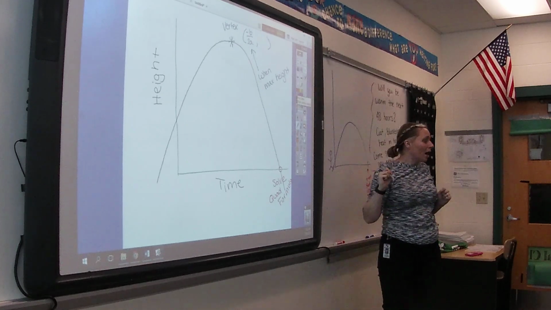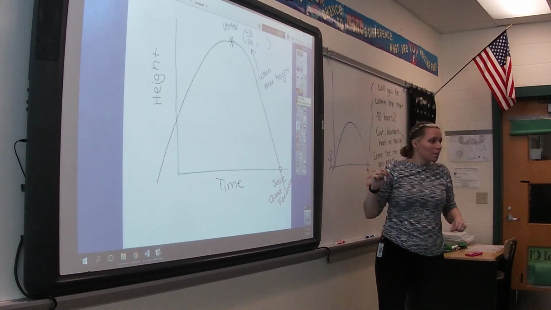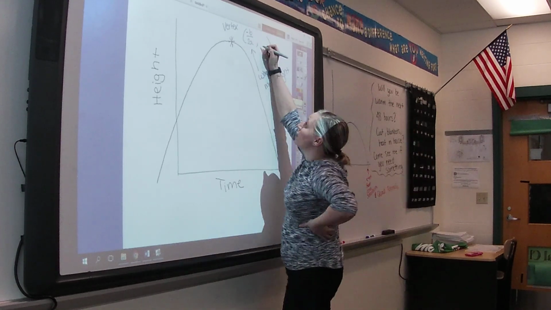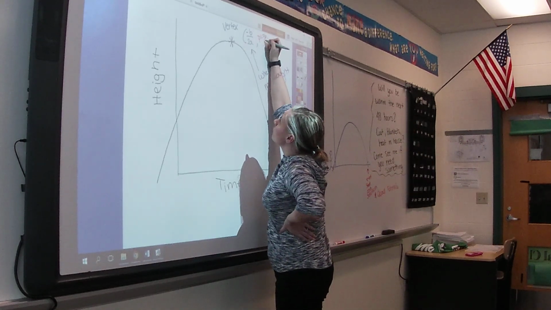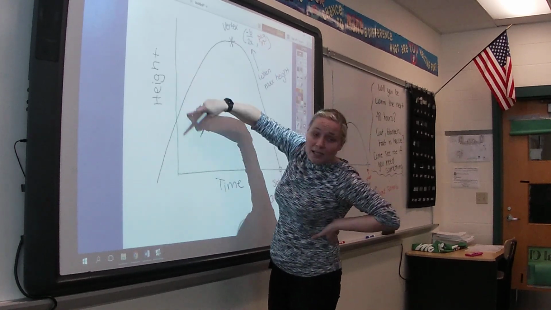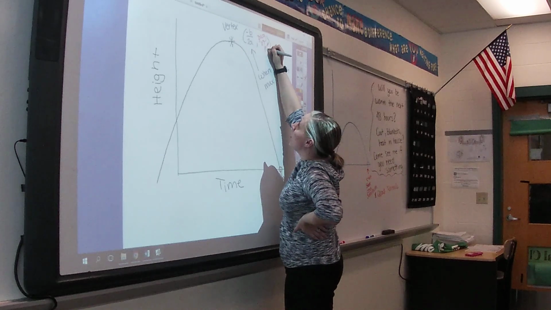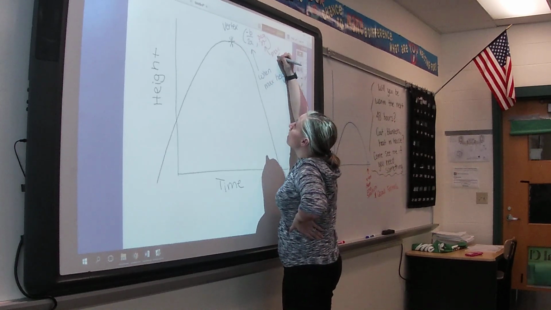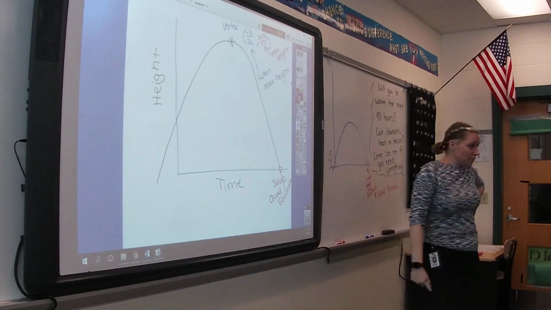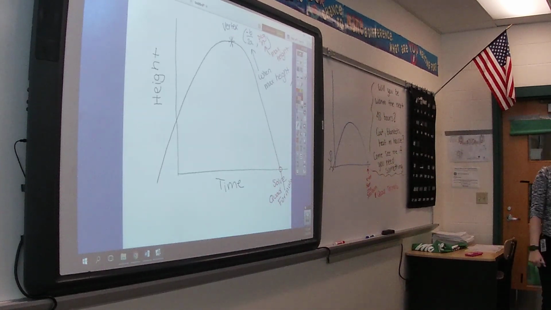What did we have to do to find the y value? Right, we had to plug x back into the equation. Our y value is our height, so this would be telling us our max height. Can we agree with those three things?